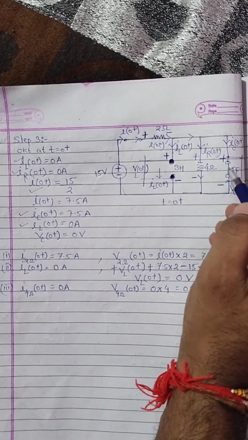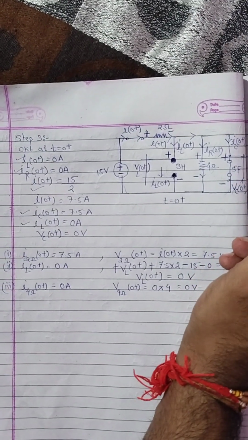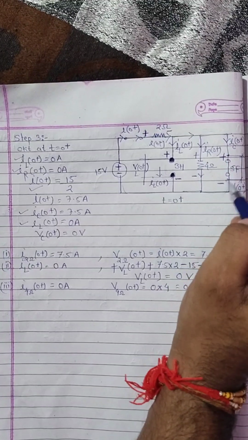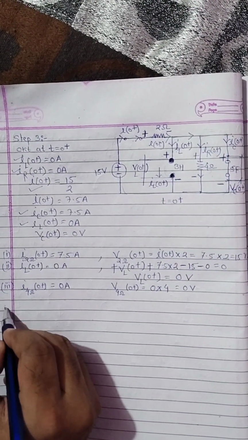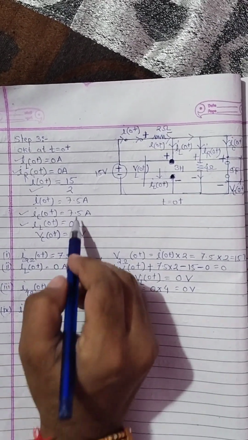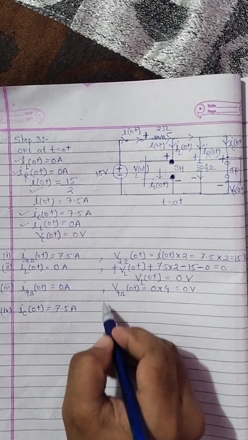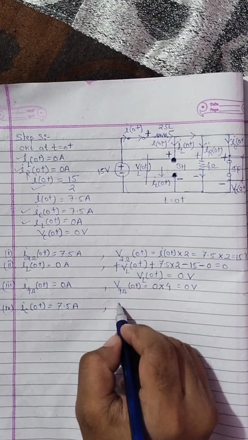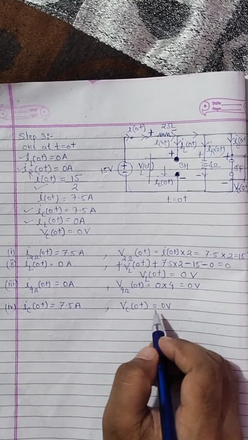Now we will calculate this capacitor current and voltage across the capacitor. So in this there is physically a capacitor, so the current through this capacitor, that is IC0 plus, is 7.5 ampere, and the voltage across the capacitor, that is VC0 plus, equals to 0 volt.